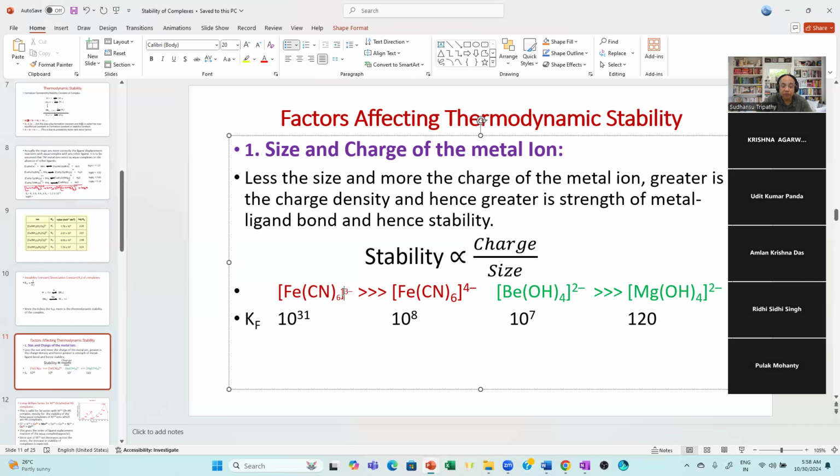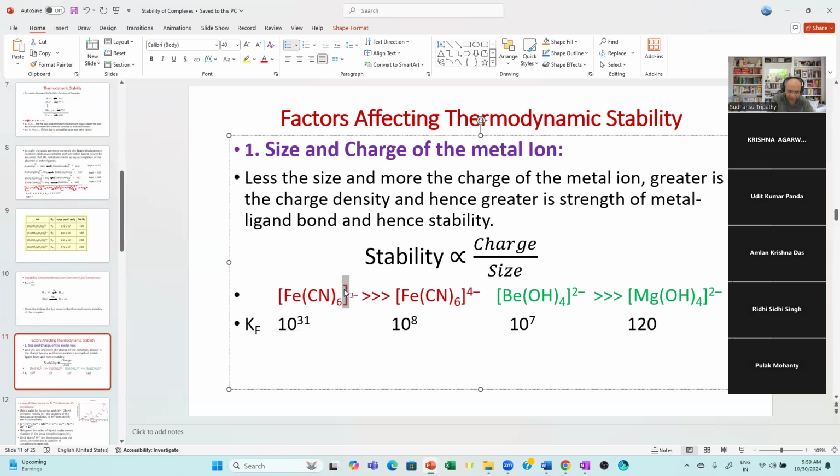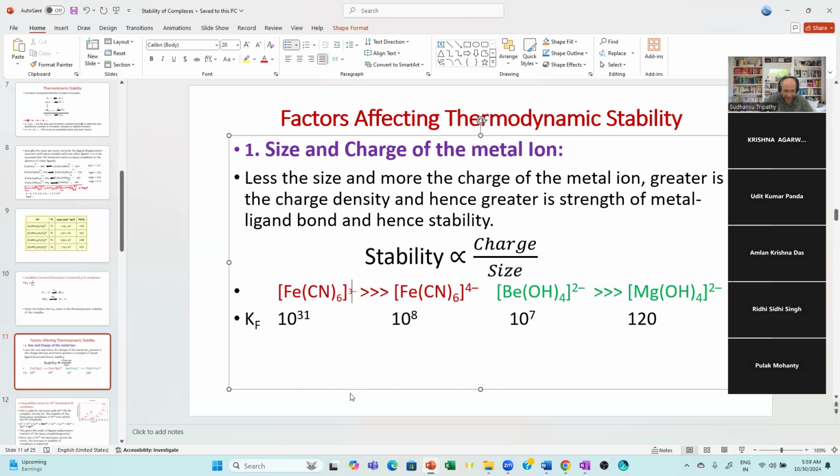Ferricyanide is much more stable thermodynamically. Why?